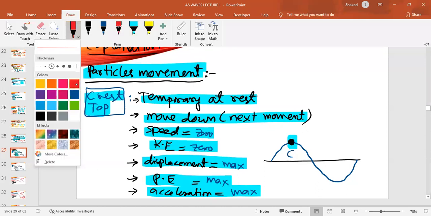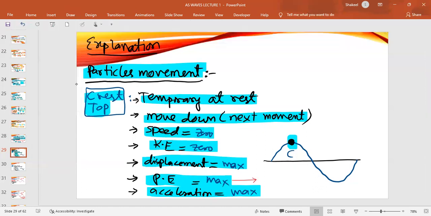Because actually the potential energy is proportional to height. So as height is maximum over here, that's why potential energy is maximum. And acceleration is proportional to force.